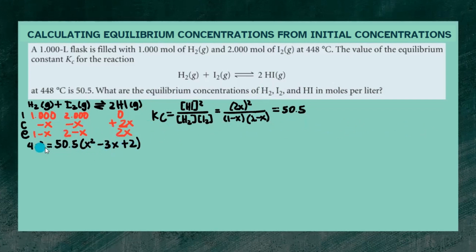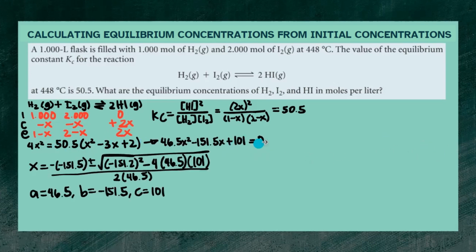Then we can note that we just have to equate it to 0. So we multiply 50.5 to all these values, then transpose it to the other side of the equation in order to equate it to 0.